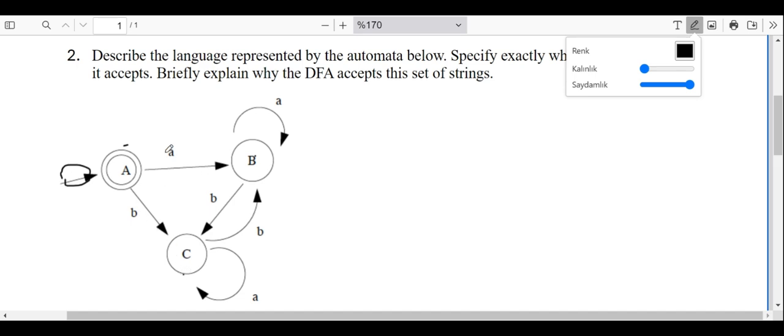And between these, I have transitions. Okay, let's analyze the transitions.